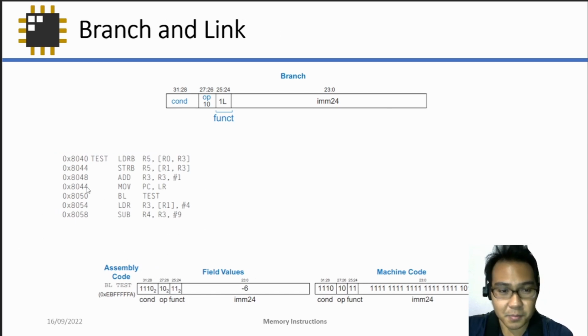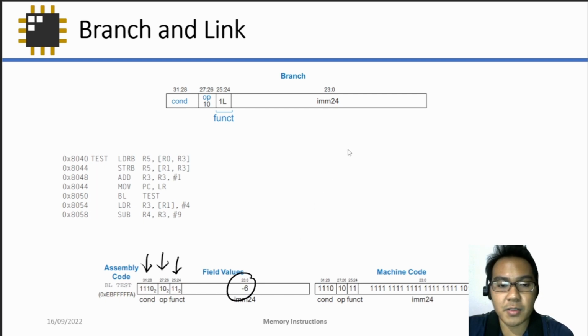Branch and link: the difference is bit 24 is 1. Since it's branch and link, yes, bit 24 is 1. Condition always, since we said BL test, so we didn't specify a condition code here. It's just a BL, so condition is always true, 1110. Opcode for branch instructions, bit 25 is always 1.